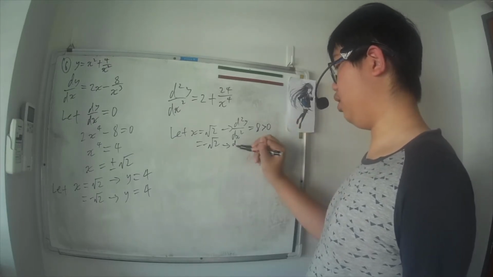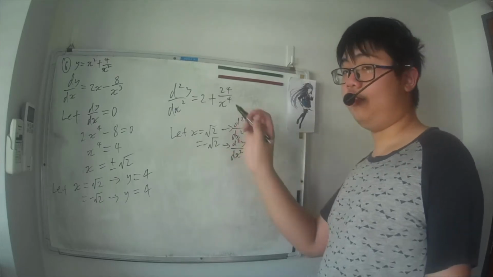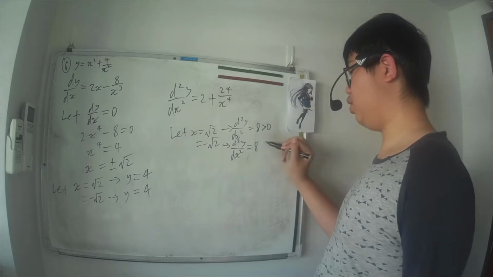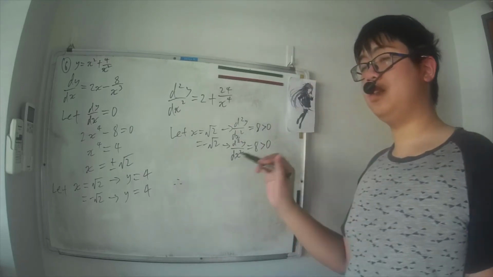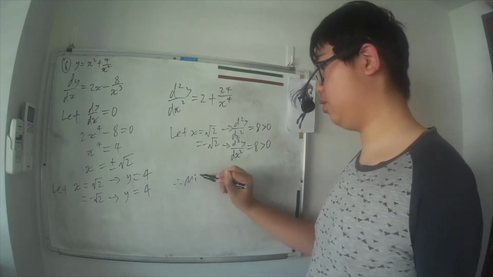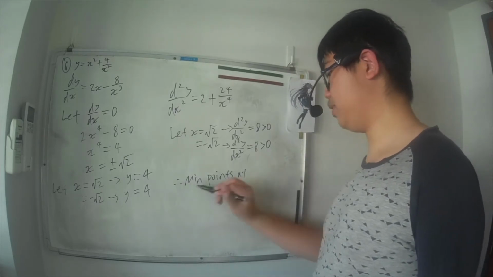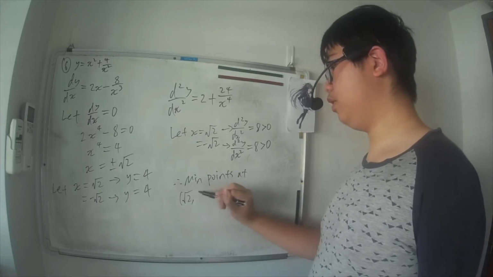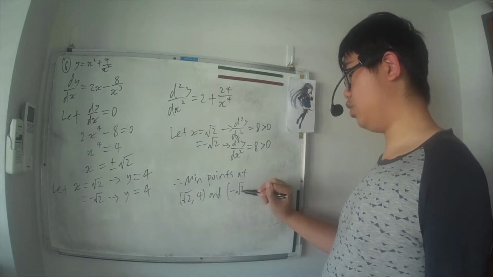If I put in negative square root 2, once again it will be the same because the fourth power will make it positive. This is also more than 0. Therefore, because it's more than 0, both are minimum points. Minimum points at square root 2, 4, and negative square root 2, 4.